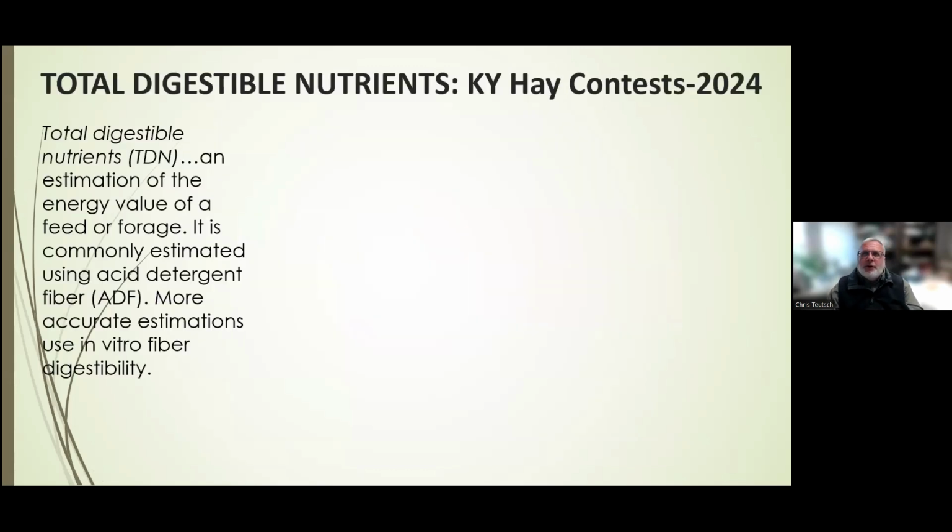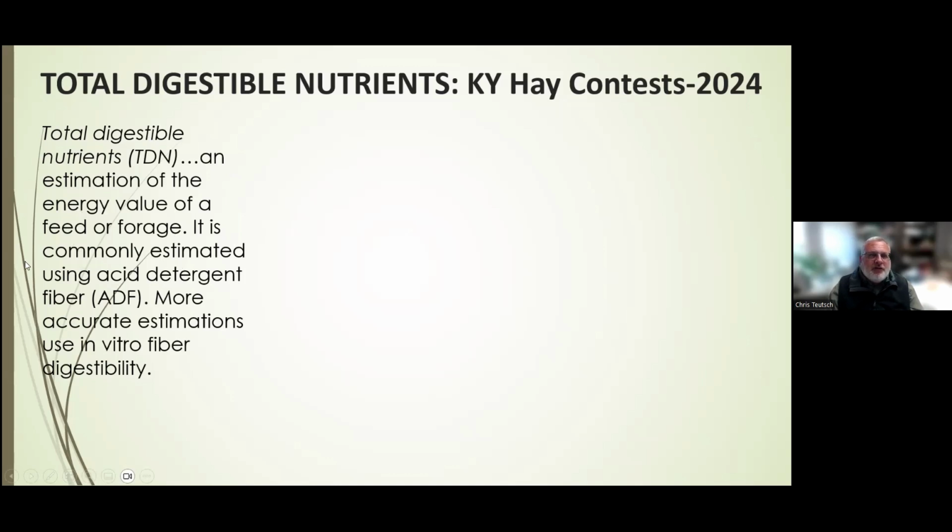The next parameter I wanted to look at was total digestible nutrients, and this is an estimation of energy in the hay. And so we balance a ration for crude protein and for energy. So this was the average. This was an estimation of the energy in the hay.